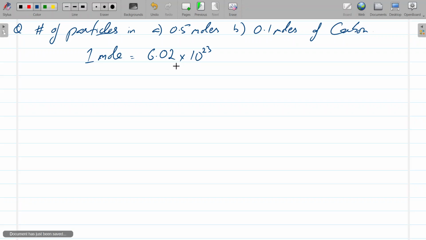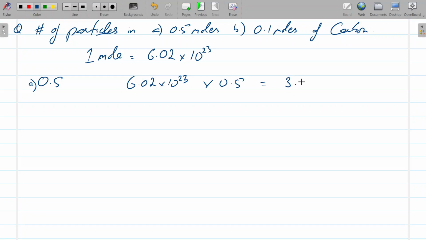Right, so 1 mole is those many particles, and so is for part A. It's pretty simple. 0.5, how many particles does it have? So that's 6.02 into the 10 to power 23, not 22, not 223, 23 multiplied by 0.5, and that gives you, well, obviously half it, so 3.01 into 10 to the power 23.